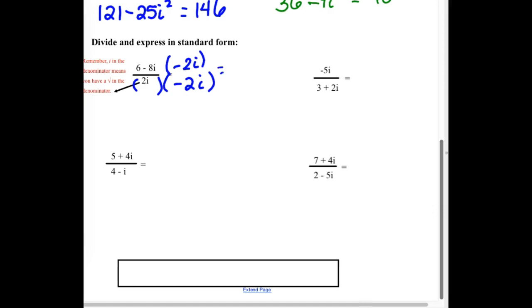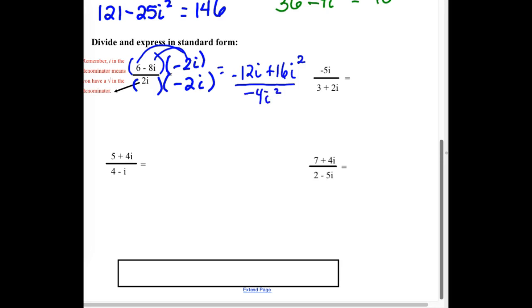When we go ahead and distribute this negative 2i to our numerator, 6 times negative 2i would be negative 12i. And negative 8 times negative 2 would be a positive 16i squared. What about the denominator? 2i times negative 2i.